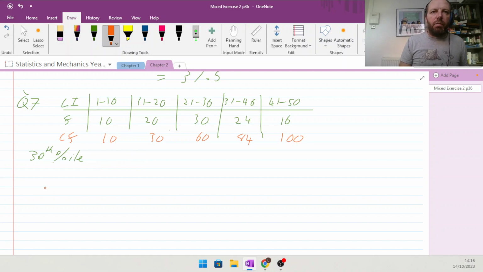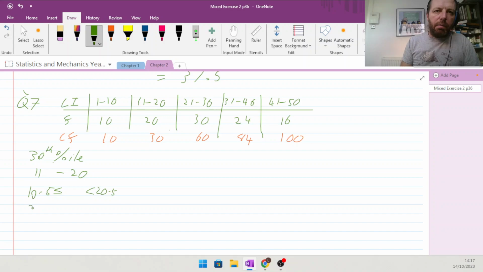With this one we have a gap of 11 to 20, so the actual physical gap is 10.5 and 20.5.